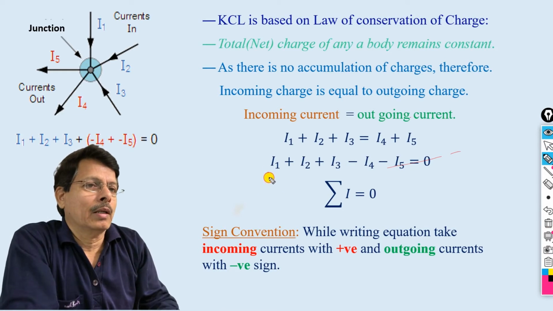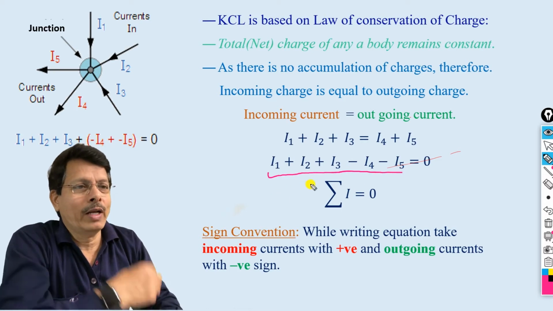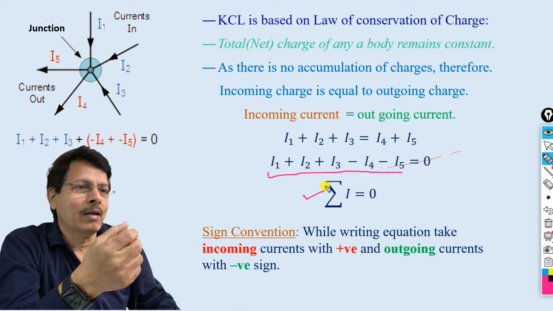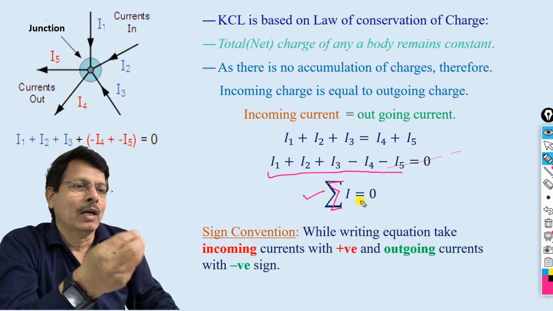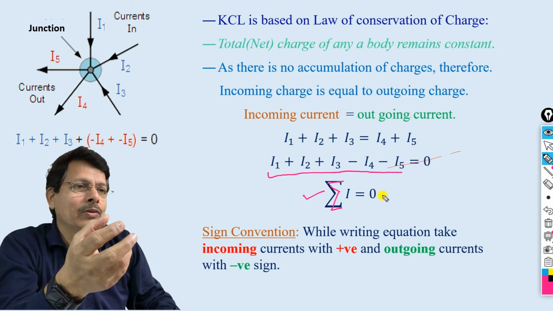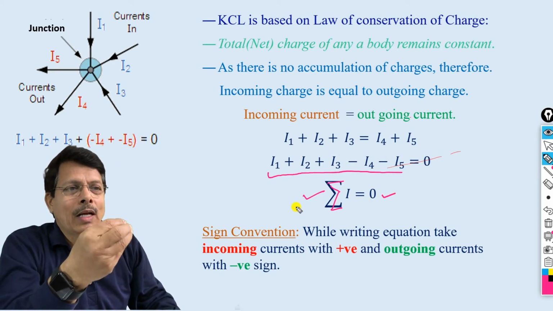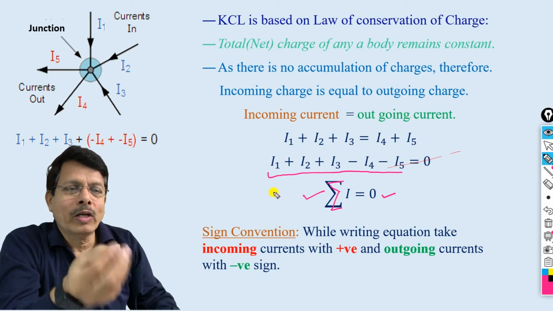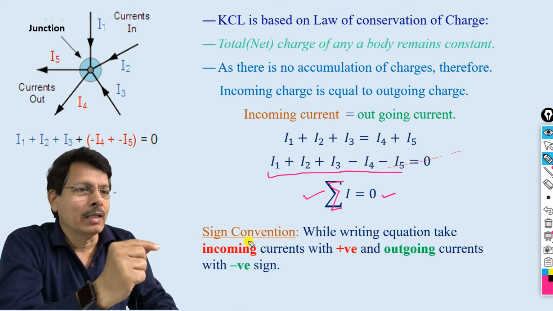When I add them, we can write it as the algebraic summation of all currents about a junction is equal to 0. Now algebraic summation means considering their sign, and how to assume their sign, that is a sign convention.